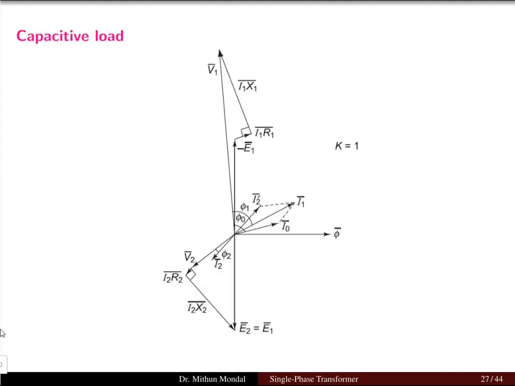The same can be done for the capacitive load, where the current I2 is leading V2 by the angle phi2. Whatever we have done in the inductive load, which is lagging in nature, here the current I2 will be leading the voltage V2.